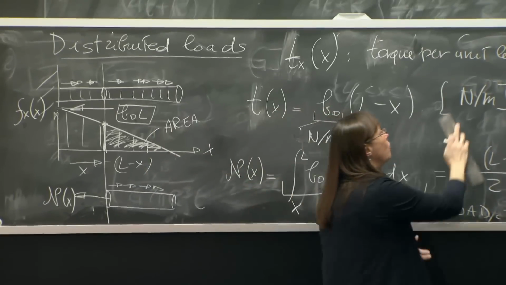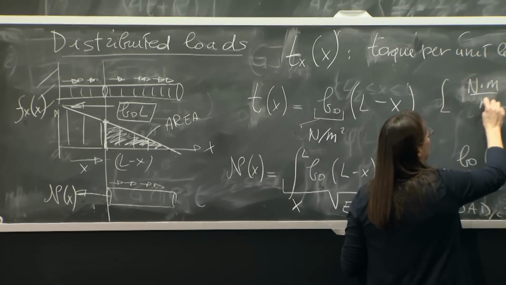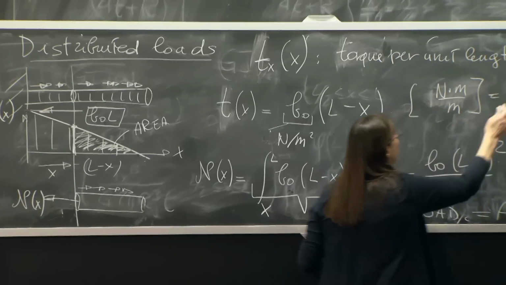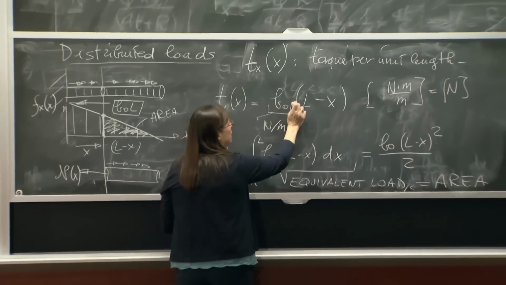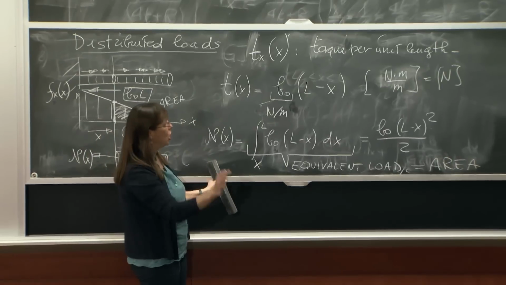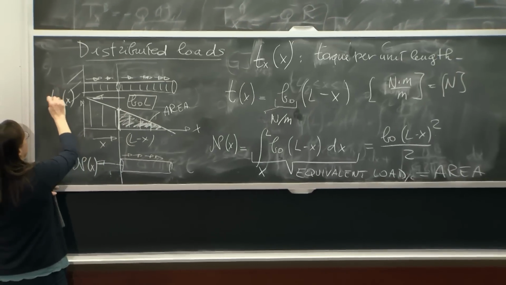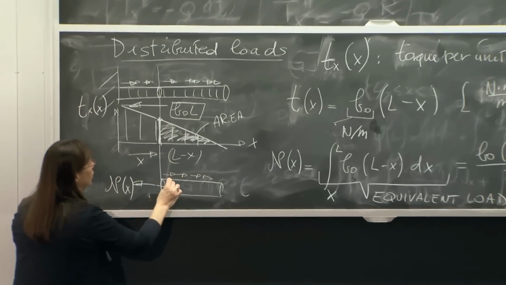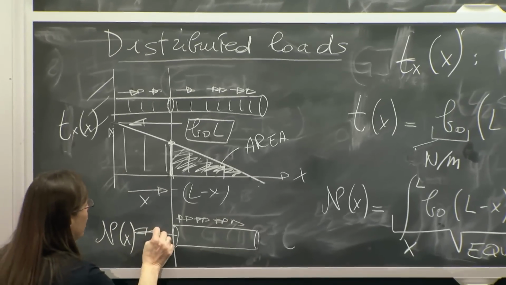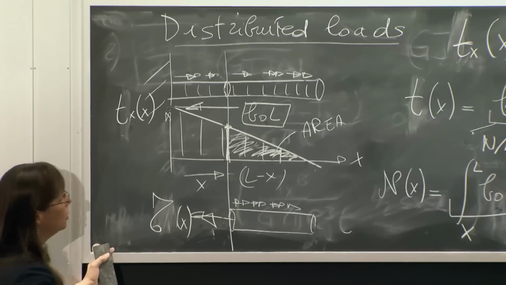Then these units that I want are Newton times meter per meter, which is newtons. To get newtons there, here I have a B0, which is Newton per meter, right? Just change the units, change your little hats. This diagram is not F anymore, it's T. And what comes out of this, I have to put double arrow because these are torques. And what comes out of here is also double arrow because this is your torque.